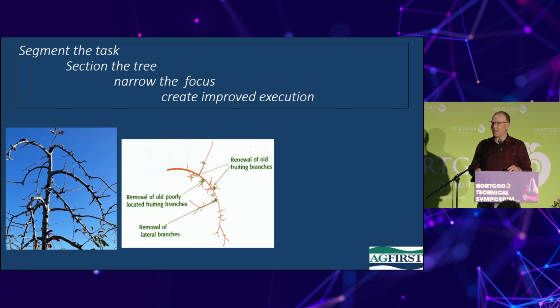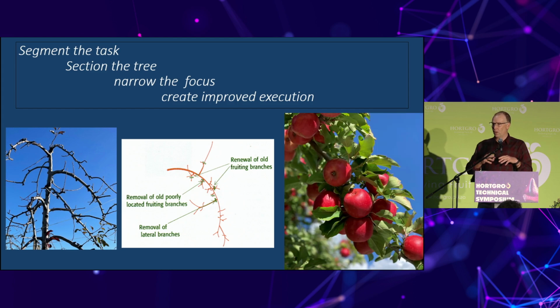And so we section it down to that level, and we keep the task focused at a smaller and smaller zone, and then we can get our execution improved and our signature with less variation.